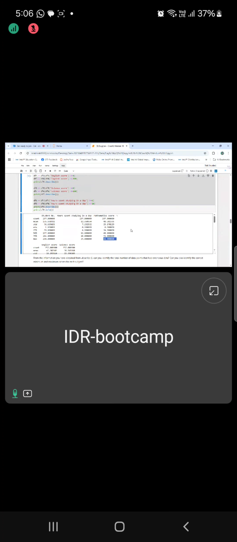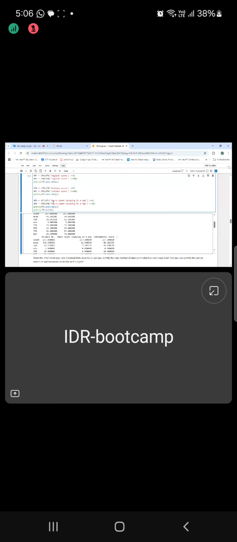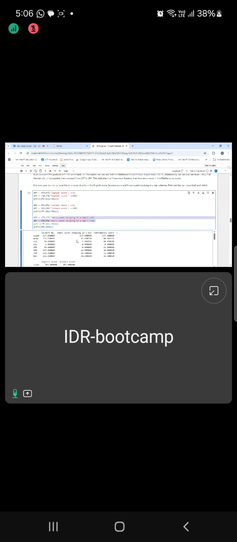Similarly for English it has come to 86 and 76, and all the minimums are 0. So for mathematics, science and the rest, you have been able to remove the error that was visible earlier. By providing this range and fixing it, you are able to convert the data into its purest form.